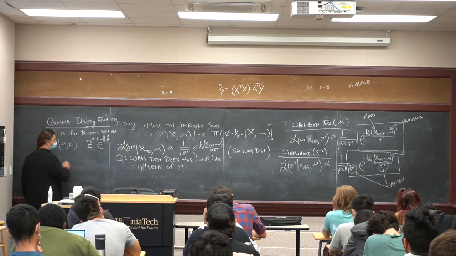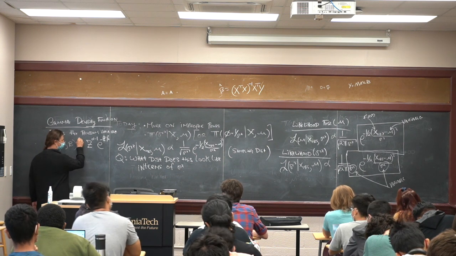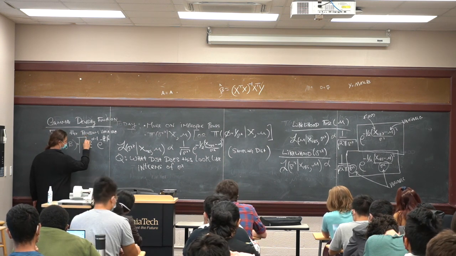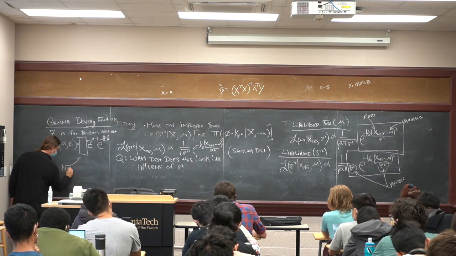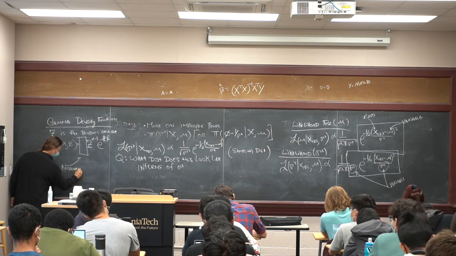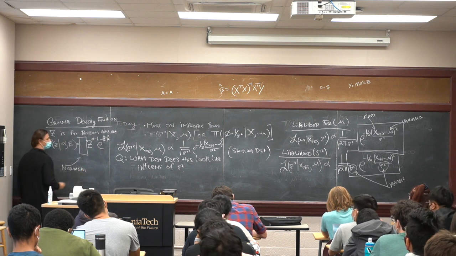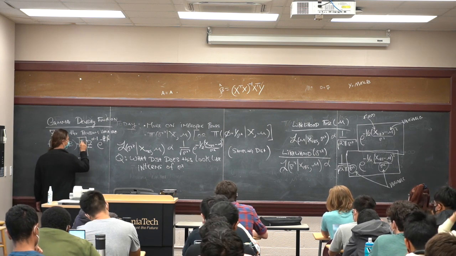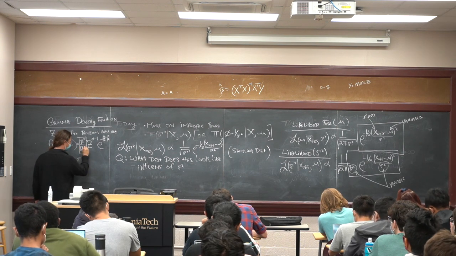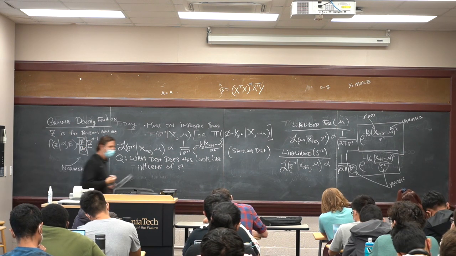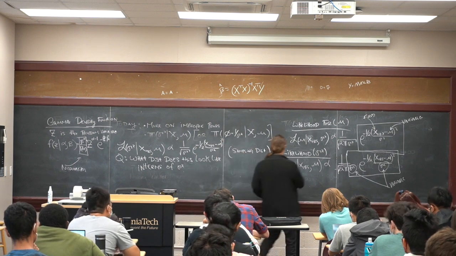Now, I'm missing some normalizing constant in here. My normalizing constant looks like this: beta to the alpha over gamma function alpha. I'll tell you what the gamma function is just real quick.